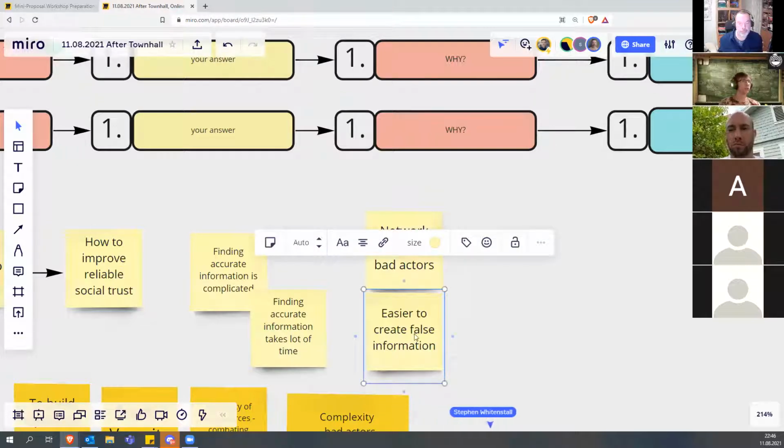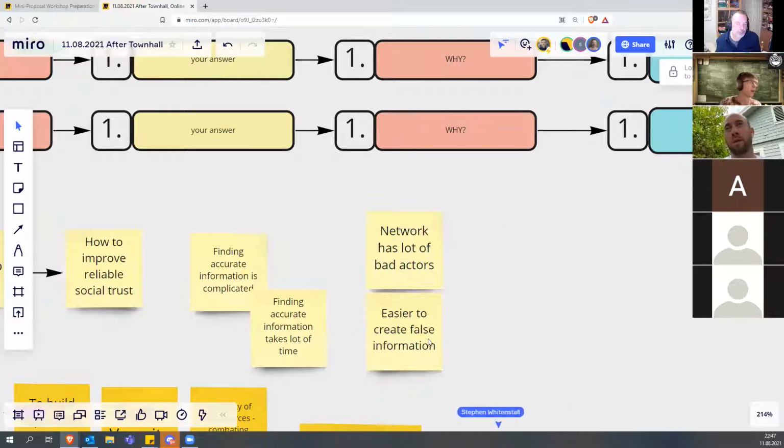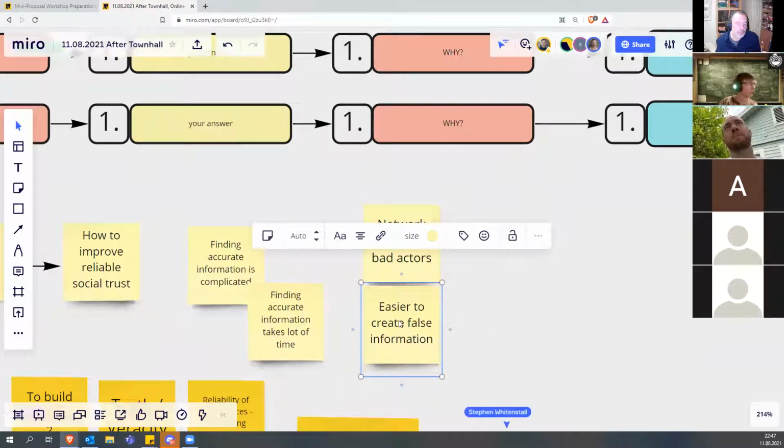But I do see there is a lot of false information when you go to YouTube or Twitter, and because there is so much competition, false information is a good way to say, don't go to the Cardano, or don't go there because they are doing this. So I would try to use this route of easier to create false information.